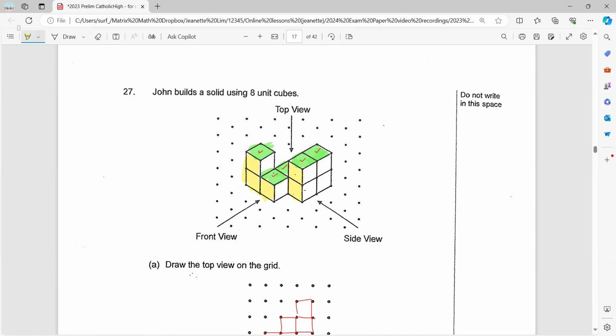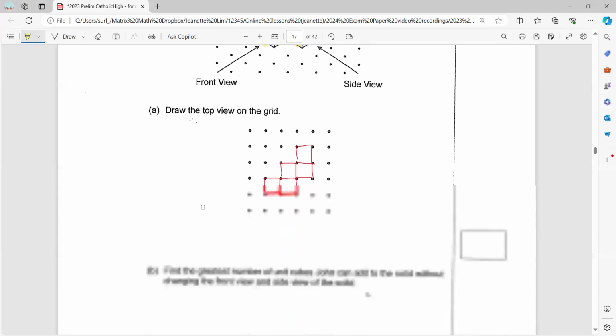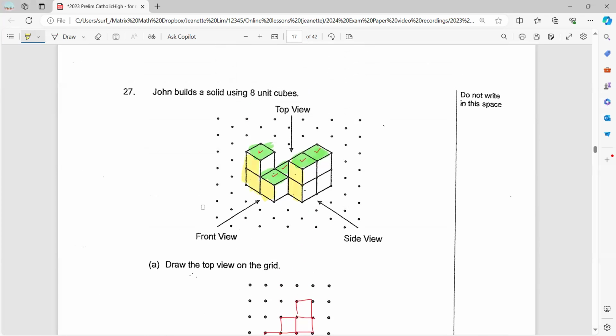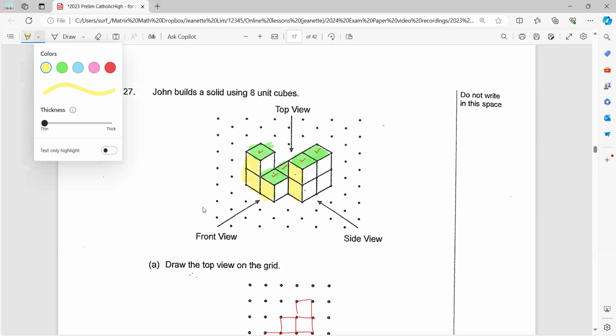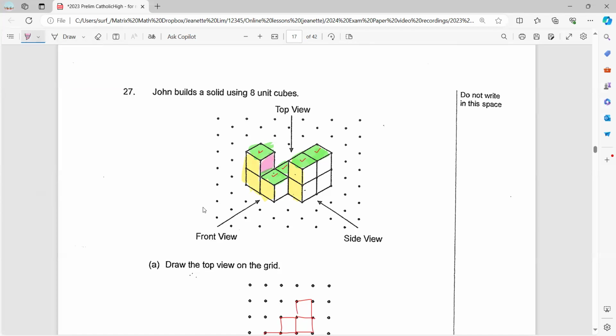Okay, where else can we add so that the front view and side view doesn't change? Let's highlight the side view. You just focus the one in yellow and pink. The front view is like a U shape, right?